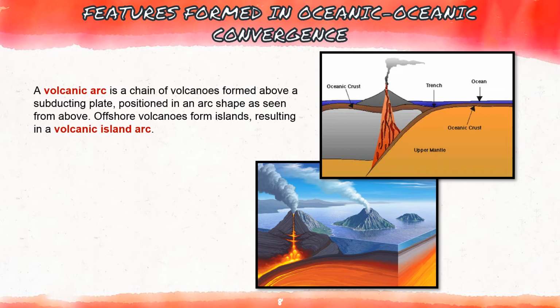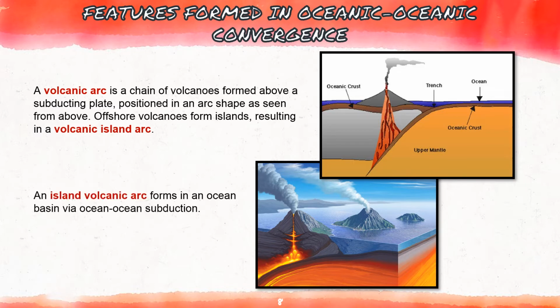We also have here a volcanic arc, another feature that is formed in an oceanic to oceanic convergence. A volcanic arc is a chain of volcanoes formed above a subducting plate, positioned in an arc shape as seen from above. Offshore volcanoes form islands, resulting in a volcanic island arc.